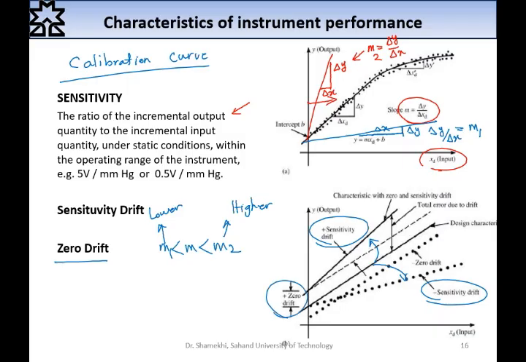The change of the intercept value, the difference between 0 and the point here, point on xd0, we call it intercept. The difference between this value and the varying intercept value is zero drift.